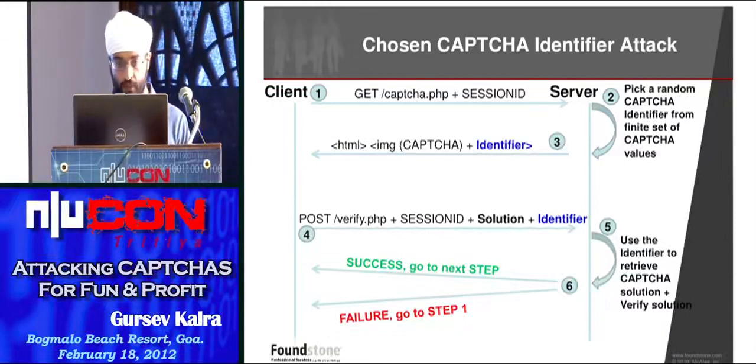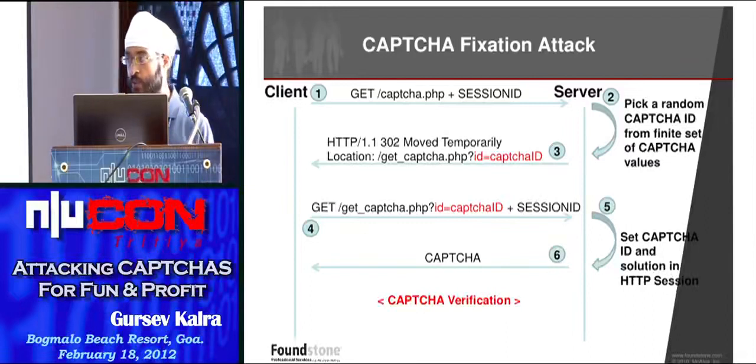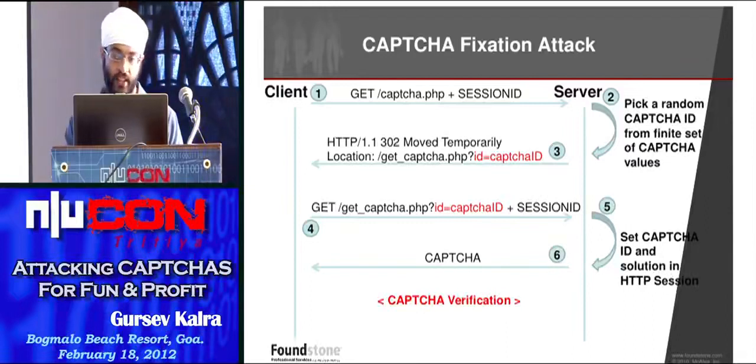The random CAPTCHA identifier is picked up and sent back to the user as a hidden field so that it can come back for the server to verify which CAPTCHA it has to pick up. Then the user submits the request with the identifier, and the identifier is used to retrieve the CAPTCHA solution and verify it. And again, the other steps like success and failure.